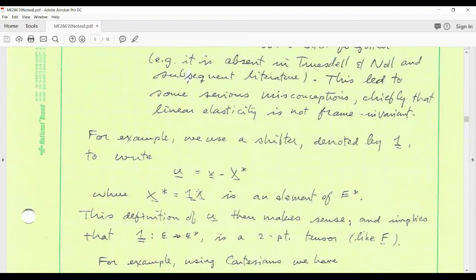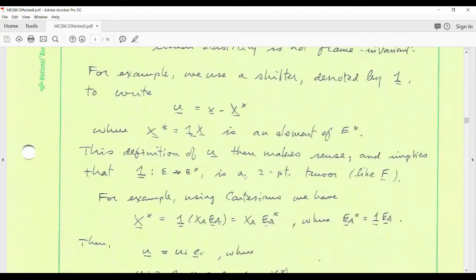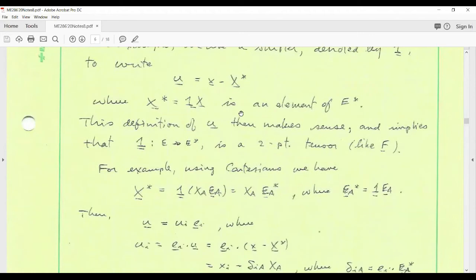So I'll write it as 1x, and 1x we'll call x star. And now we define the displacement this way. Mathematically, that makes sense because we're subtracting two elements of the same vector space, E star. So this x star lives now in E star. And this will be our modified definition of the displacement.